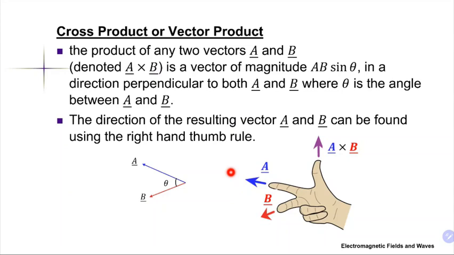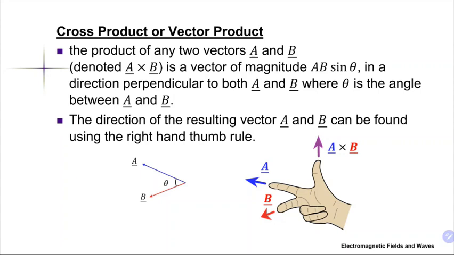And to work out the direction of this vector, if I have A cross B, you can work out the direction using what we call the right hand rule. You use your hand: your pointing finger is the first vector, and then you cross to the next vector, so your middle finger will be the other vector.